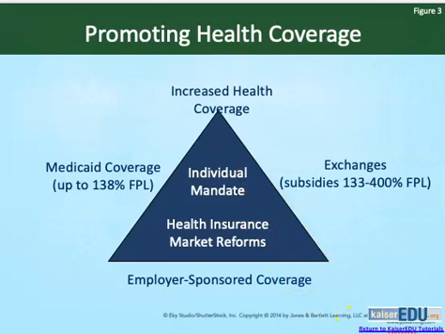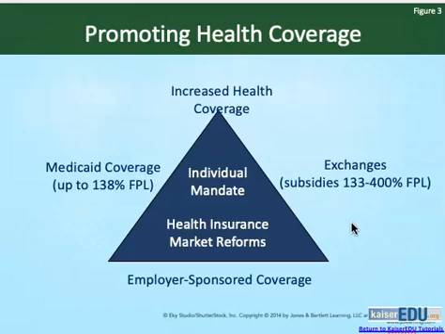The law also requires insurers to provide coverage to everyone, regardless of health status, and limits the variations in premiums they charge people who seek to get their health insurance from these marketplaces. So, taken all together, these strategies are designed to significantly increase the number of people with health insurance.